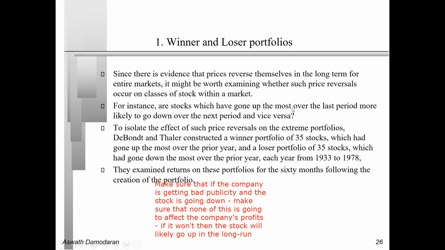So that's very important. And then winner and loser portfolios. Since there is evidence that prices reverse themselves in the long term for entire markets, you may want to examine whether such price reversals occur in classes of stock within the market. So you may want to look at reasons why stocks go down and stocks go up.